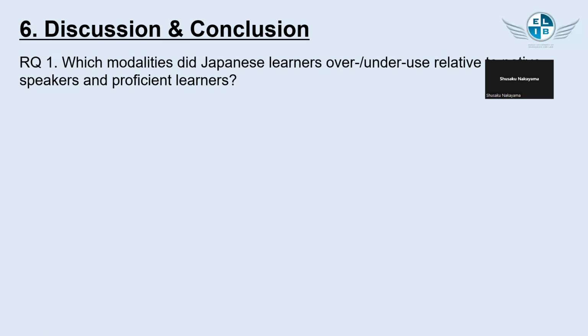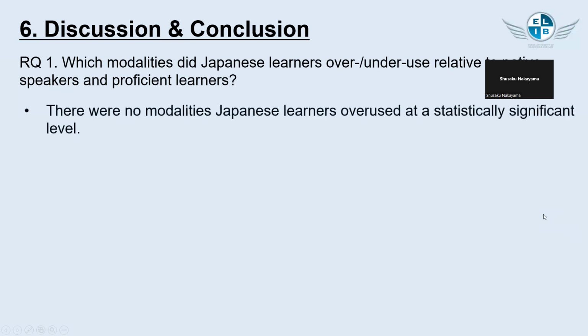Then, let's move on to the discussion. The first research question was, which modality did Japanese learners over- and underuse relative to native speakers and the proficient learners? First, there were no modalities that Japanese learners overused.